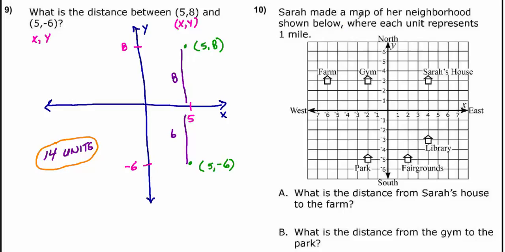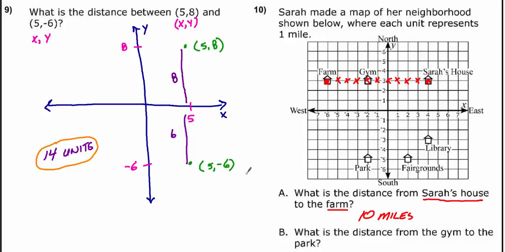Number 10. Sarah made a map of her house. Each unit represents 1 mile. She's traveling first the distance from her house to the farm. So here's her house, and here's the farm, and we go 1, 2, 3, 4, 5, 6, 7, 8, 9, 10 miles. 10 miles to get from the house to the farm.